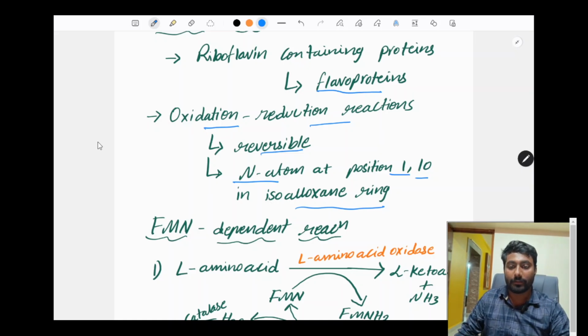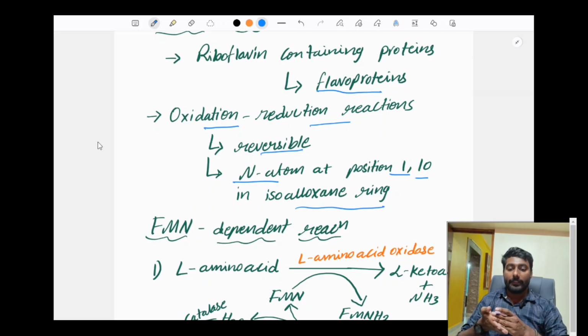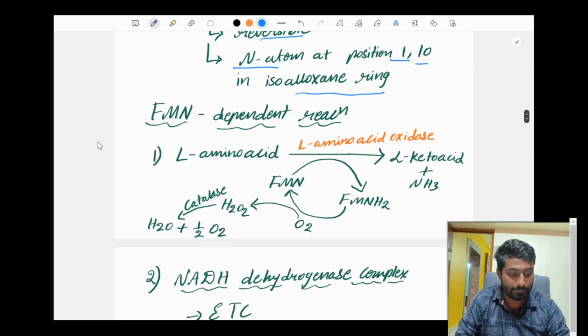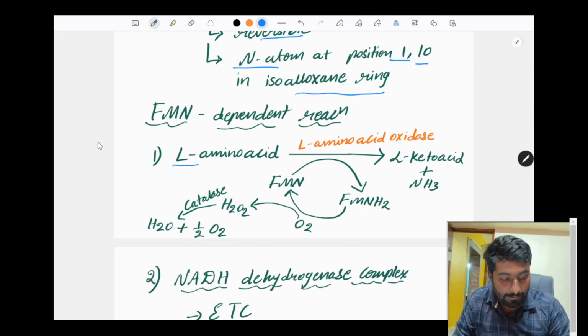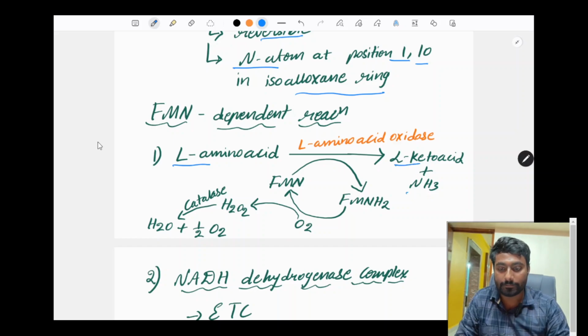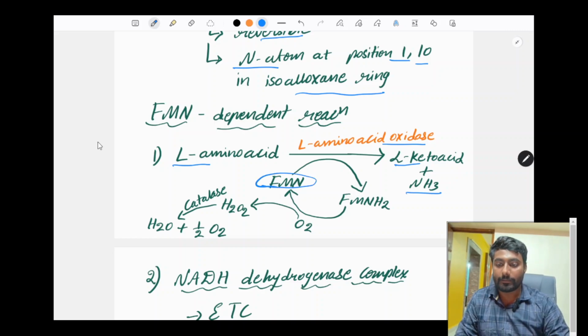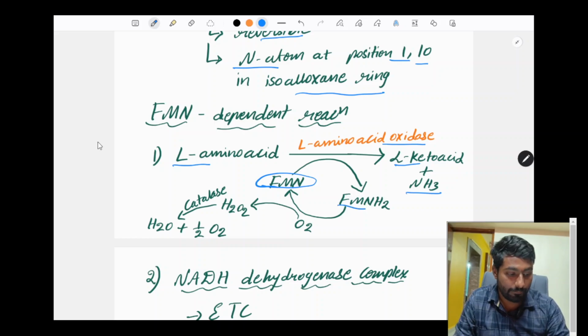Okay, students. Now we will see different reactions which are done with the help of FMN and which are done with the help of FAD. The FMN dependent reaction: L amino acids are converted into alpha keto acid plus ammonia, catalyzed by the enzyme L amino acid oxidase, with FMN being converted into FMNH2.